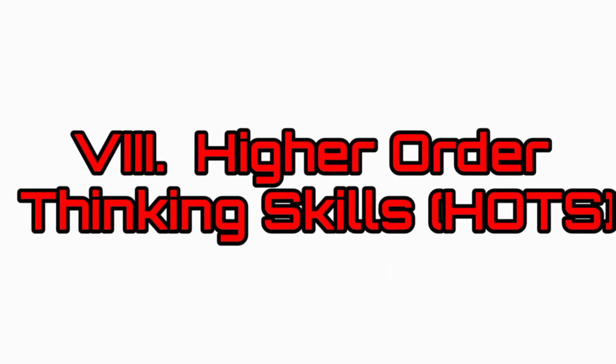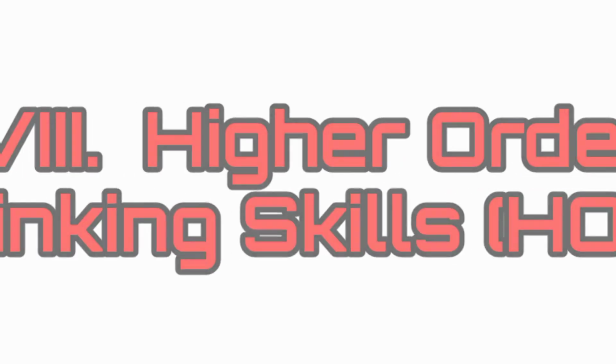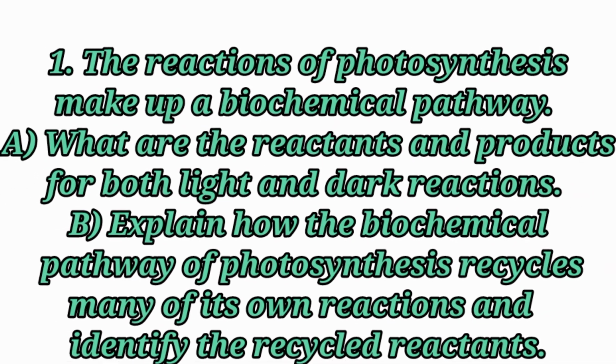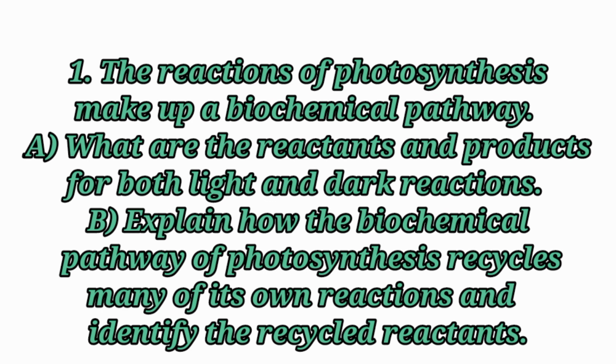Higher order thinking skills, HOTS, hot questions. First question, the reaction of photosynthesis make up a biochemical pathway. Question number A, what are the reactants and products for both light and dark reactions?